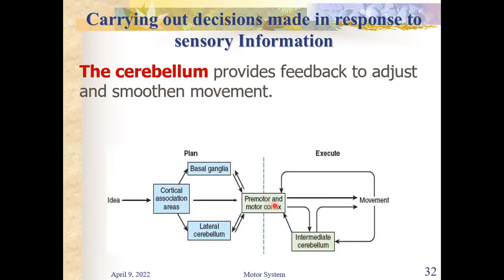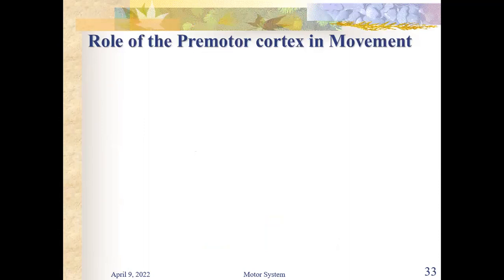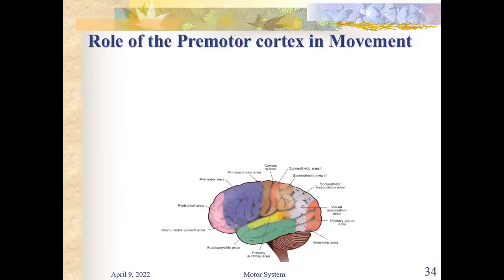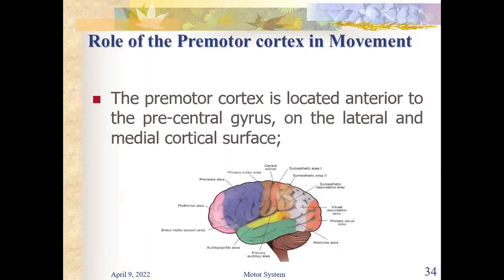The motor cortex will automatically have a direct connection with the corticospinal tract, as well as the cerebellum with the extrapyramidal system, with the rubrospinal tract, the reticulospinal tract as well. So those extrapyramidal systems also have connections with the lower motor neurons. So two of them will play a role in adjusting the movement that is carried out in response to the sensory information that has been fed back to the motor cortex.